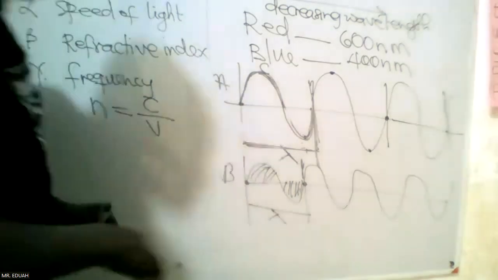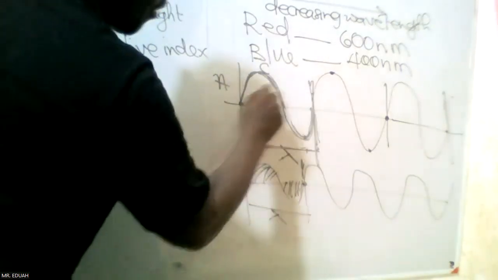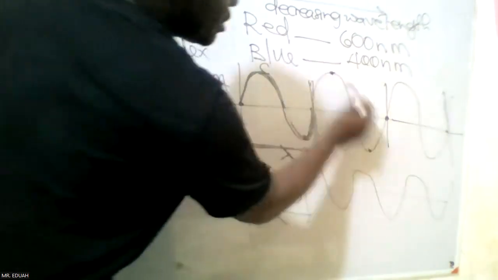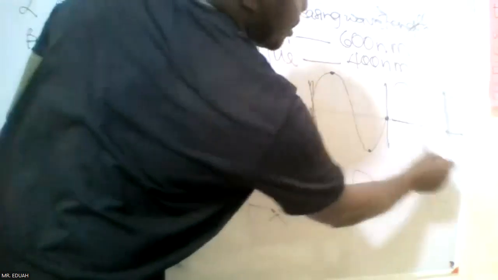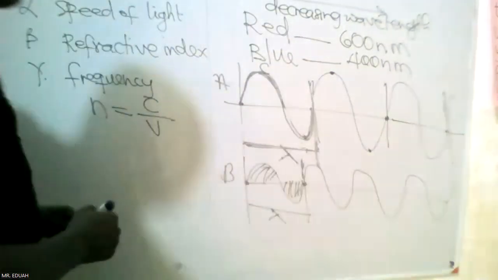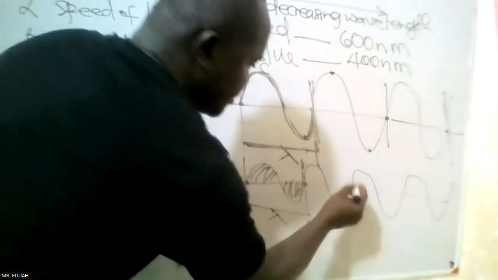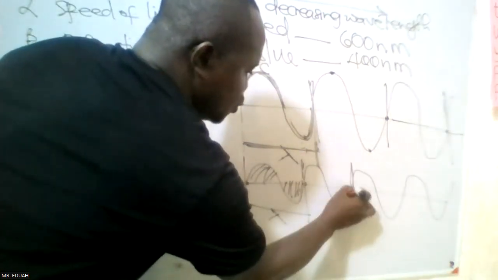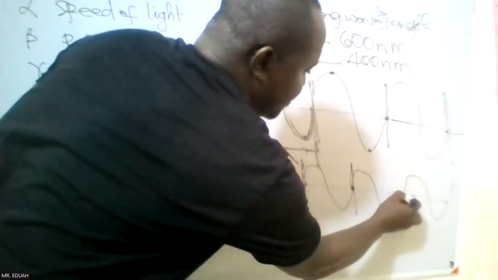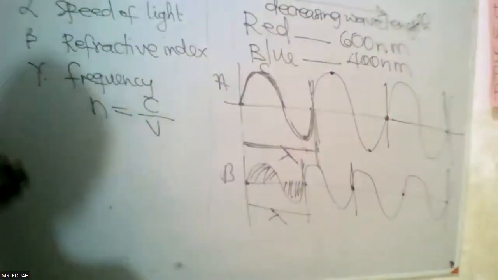So let's count complete waves in this and then in this. Here we counted 1, 2, 3, and then a quarter. Then let's count the complete waves here. 1, 2, 3, 4, and then a quarter.